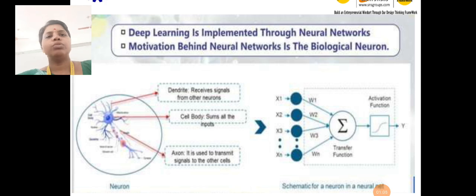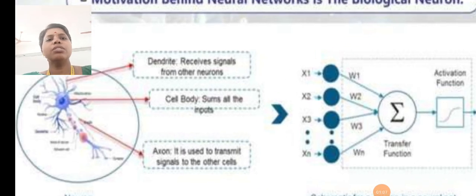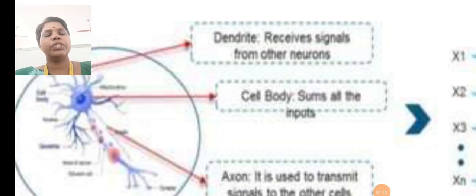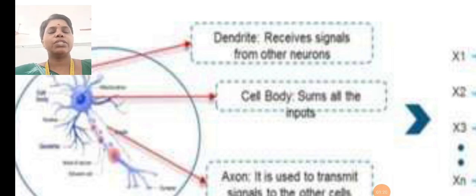Here, just see our biological neuron. The picture represents our biological neurons and how they relate to artificial intelligence techniques. The dendrite receives signals from other neurons.